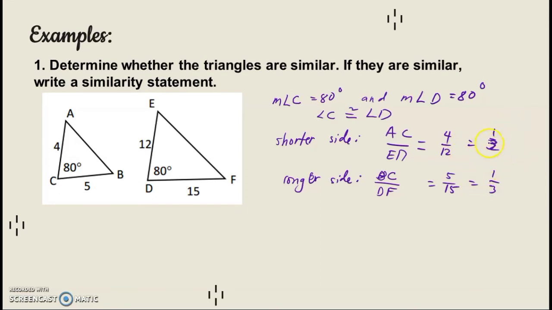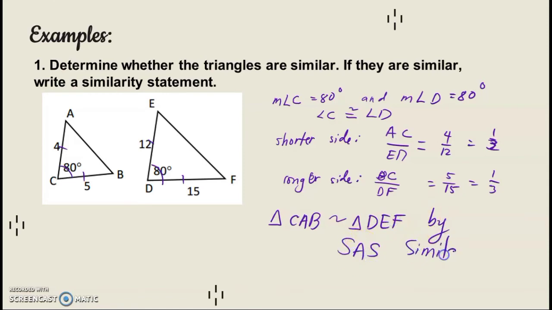Okay, so as you can see, itong angle na to, and then yung included itong sides na to, and then yung angle na included. So therefore, itong si triangle CAB is similar to triangle DEF by SAS similarity theorem. So ganun lang class. Lagyan nyo lang ng tatlong tubo para yun yung conclusion natin.